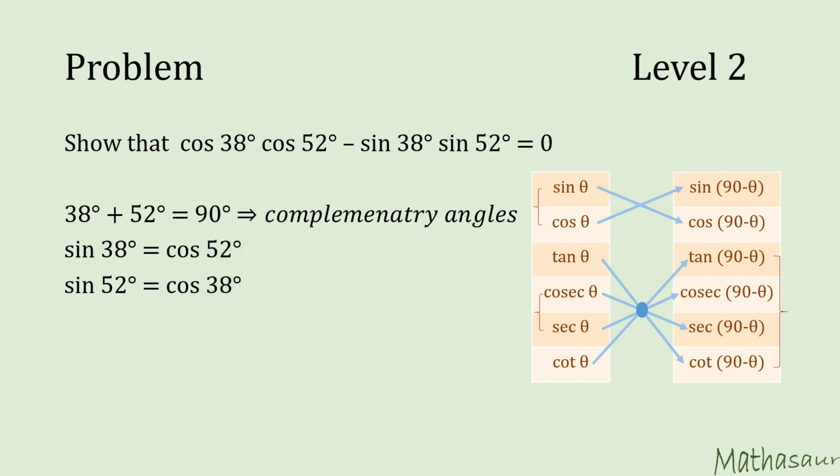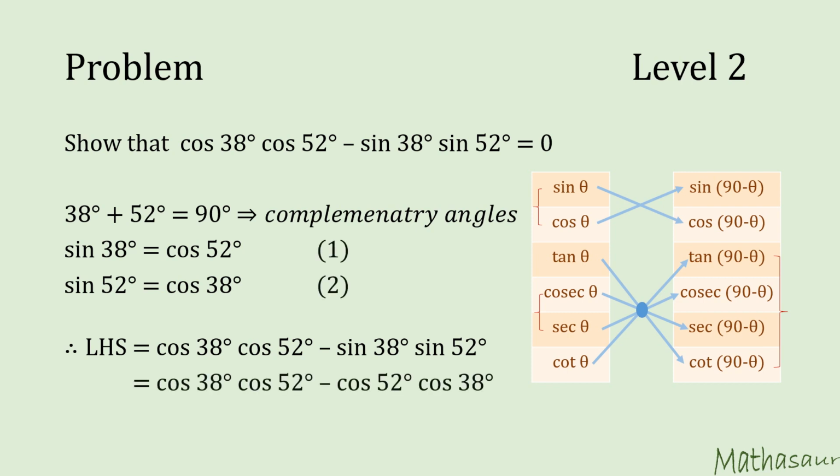So we can see that sin 38 degrees equals cos 52 degrees and sin 52 degrees equals cos 38 degrees. Substituting these values on the left hand side of this equality, we get the expression as equal to 0, which is what we were supposed to show.